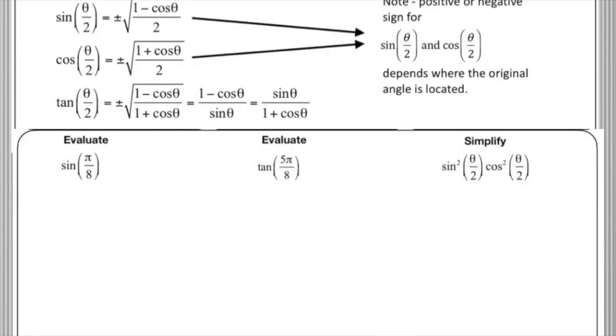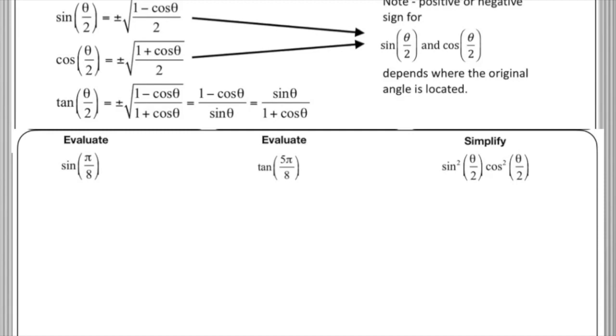Okay, so here we have some uses for the half-angle formulas, and we're going to start off with sine. And we notice that we have pi over 8, and we're like, what is that all about? But one way that we can rewrite this is the following, okay?